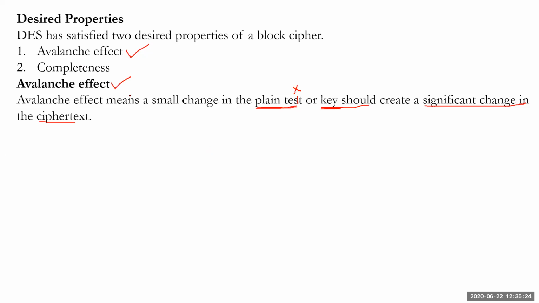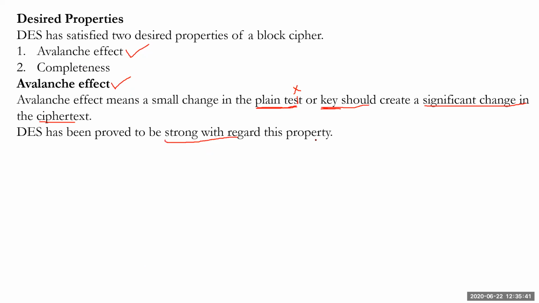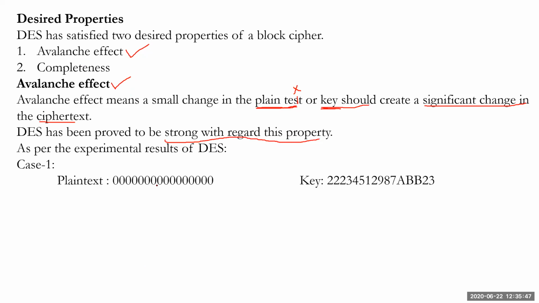Based on our textbook and internet sources, after 16 rounds, several operations are taken into consideration, and it has been proved to be very strong for this property. For example, case 1: 16 zeros is my data, which is being transferred from myself to my recipient, and the key is this one.